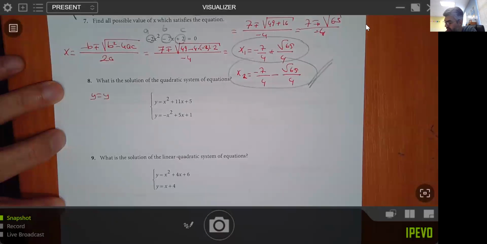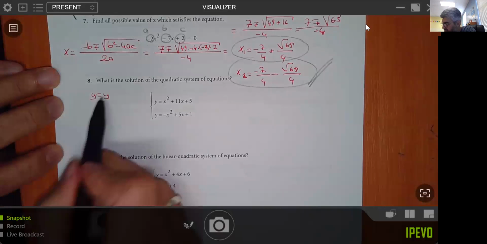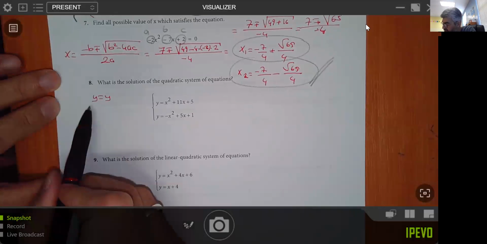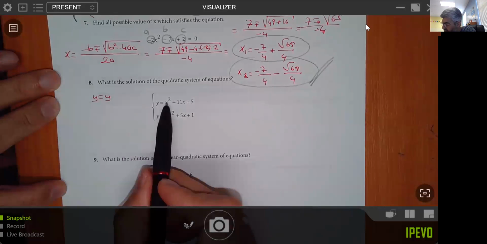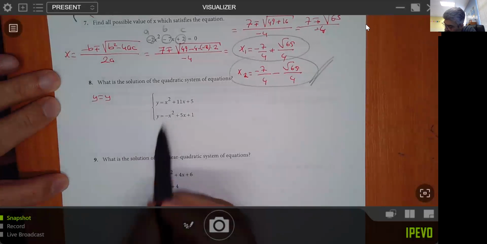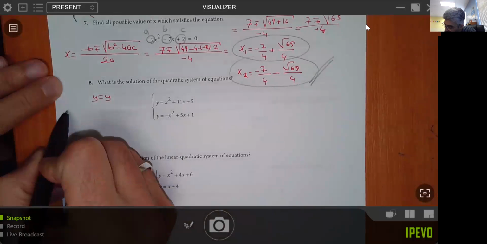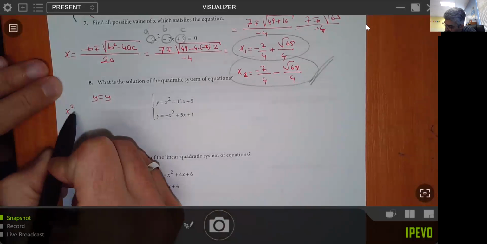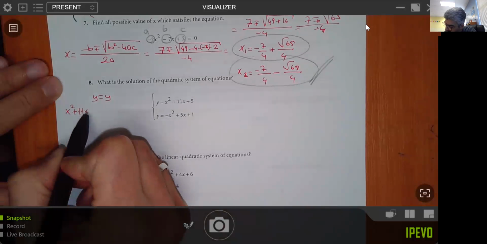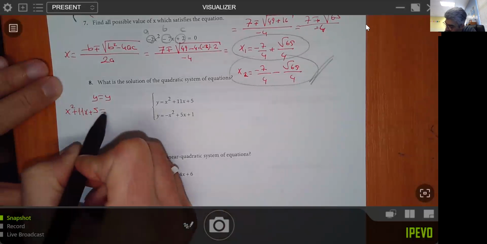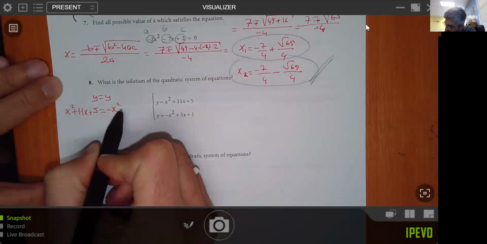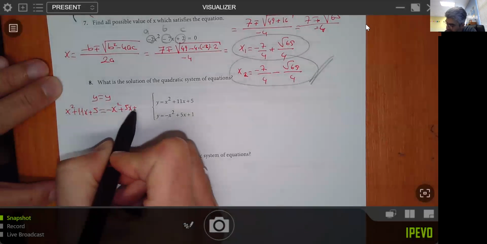So their y values are equal, and we write the whole functions as equal to each other: x squared plus 11x plus 5 equals -x squared plus 5x plus 1.